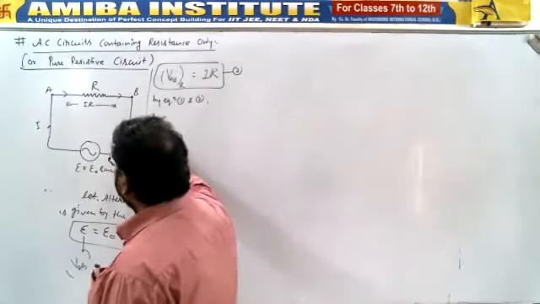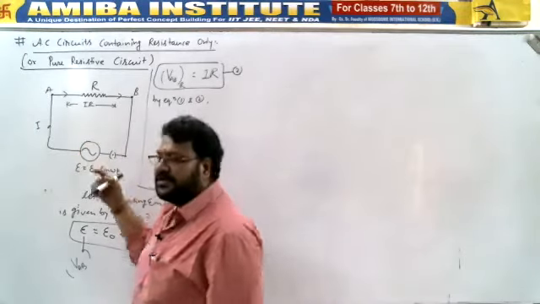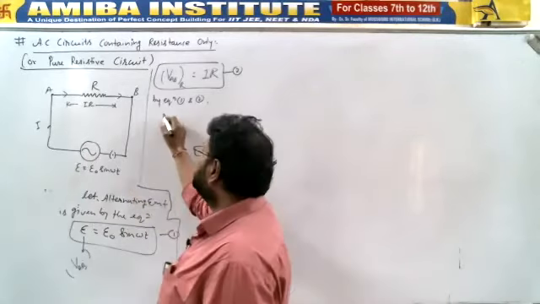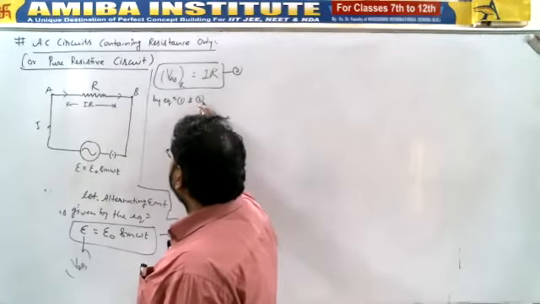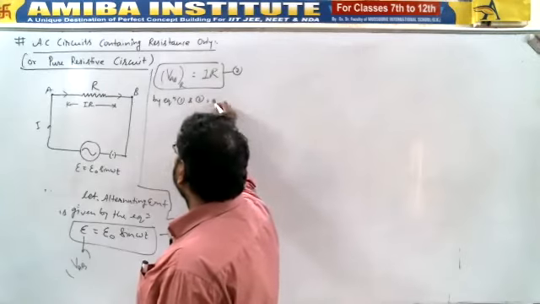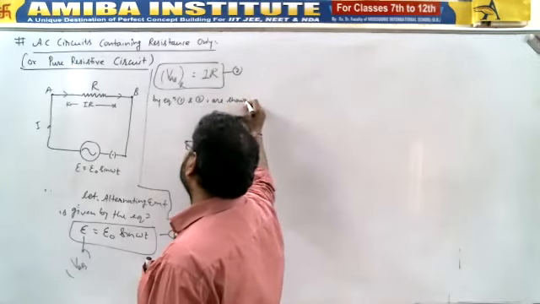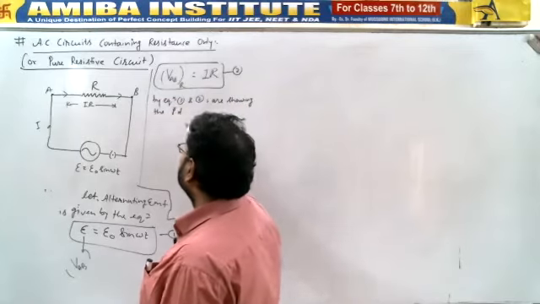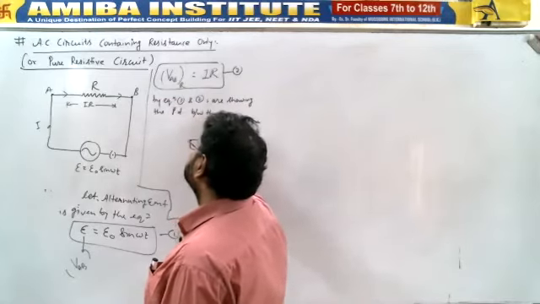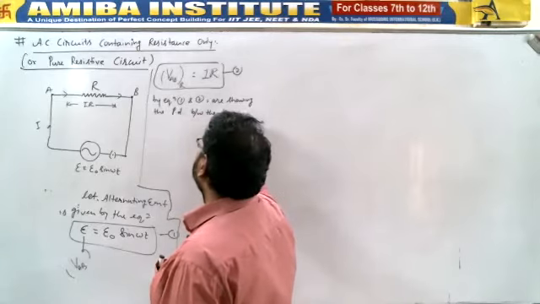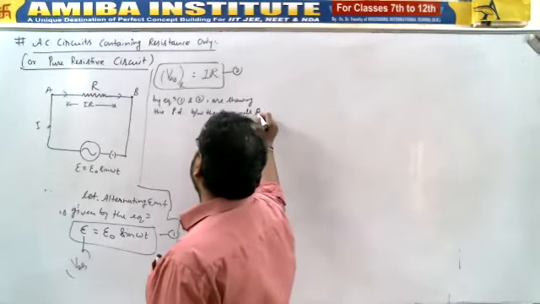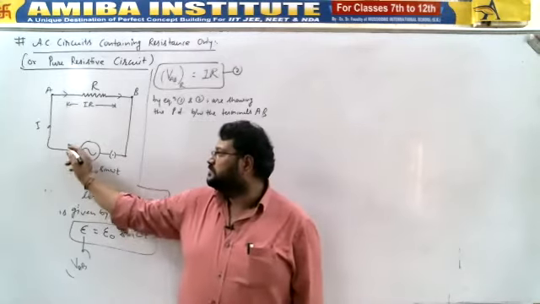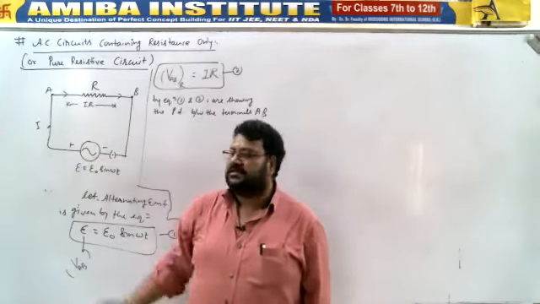Generally we don't say Ohm's law because it's alternating, but still the same terminals, same potential difference will be there. So equation 1 and 2 are showing the potential difference or potential drop between the terminals AB.